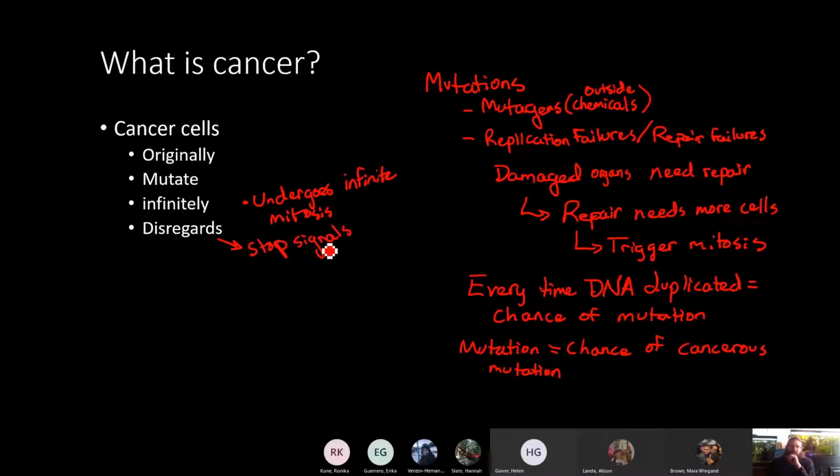Right? So it disregards stop signals, undergoes infinite mitosis, and it does that without start signals.